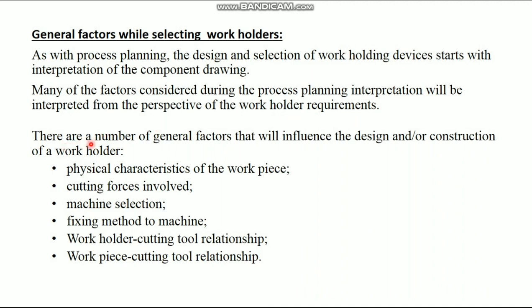There are a number of general factors that will influence the design and or construction of a work holder. That is, physical characteristics of the workpiece, cutting forces involved, machine selection, fixing method to machine, work holder cutting tool relationship, workpiece cutting tool relationship.